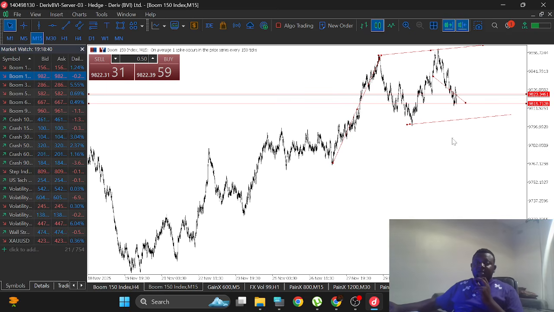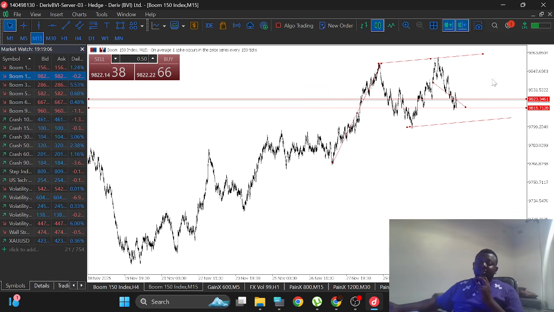I don't know why, but you can see that this right here was broken, this low was broken, and it went down and went to test this low. You can see that it closed under this low, which means that it has broken it as well. Now it's looking for a retest. So this has three confirmations, if not four confirmations to sell.